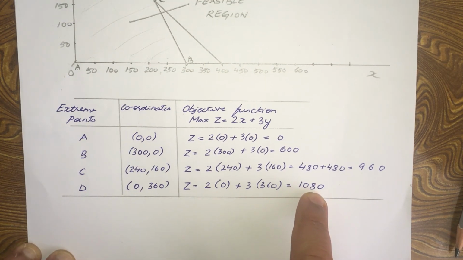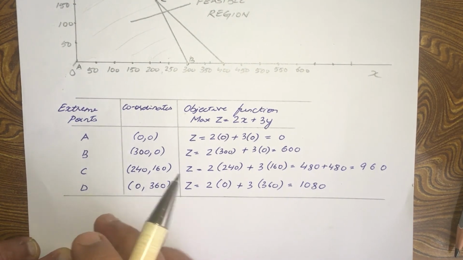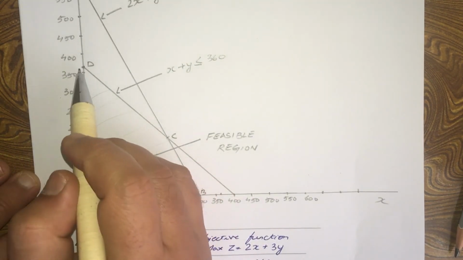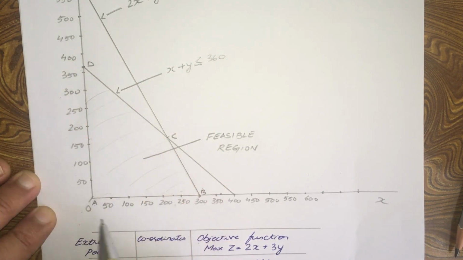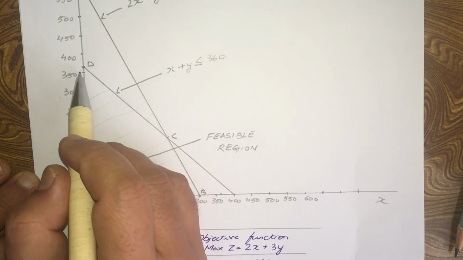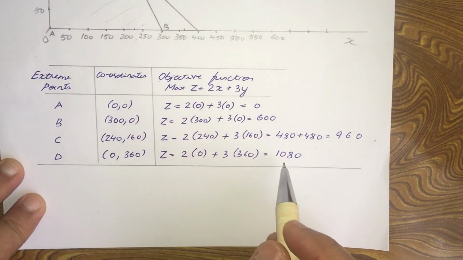Your revenue is maximized at this extreme point. That means if you produce 0 of X but 360 of Y, you will be able to maximize your revenue.